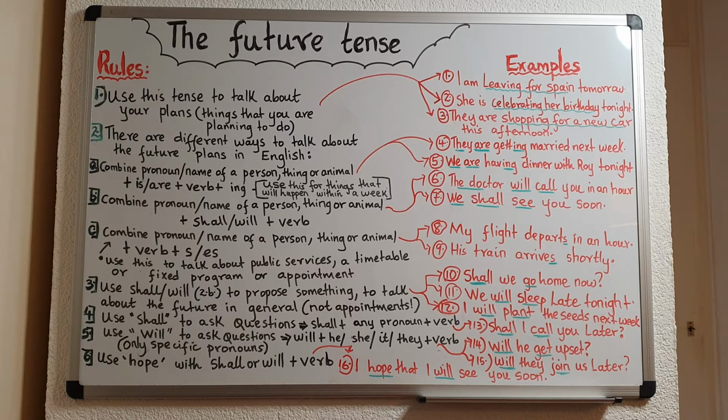Look at example 5. We are having dinner with Roy tonight. The pronoun is we, and then plus are, and plus the verb have, and then you add ing at the end of the verb.